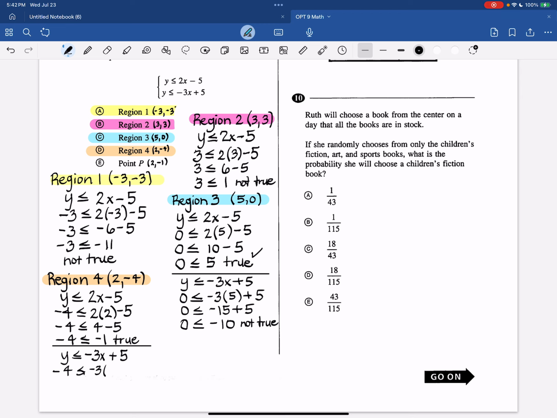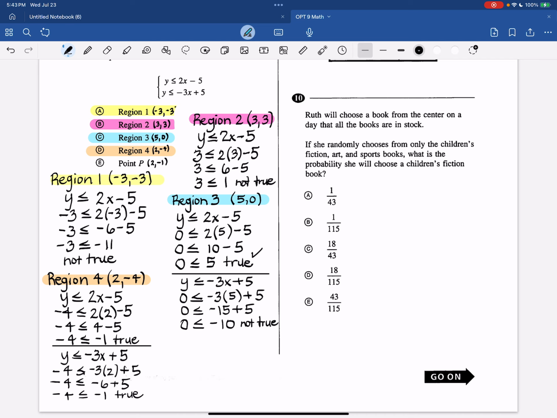Then substitute the 2. And you have -4 is lower down than -6 plus 5. -4 is lower down than -1. That is true. So this is looking like my answer.